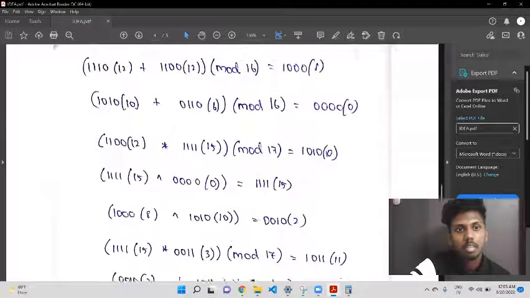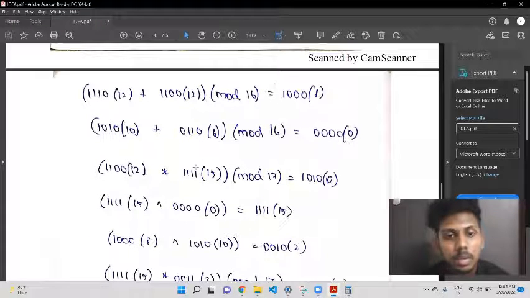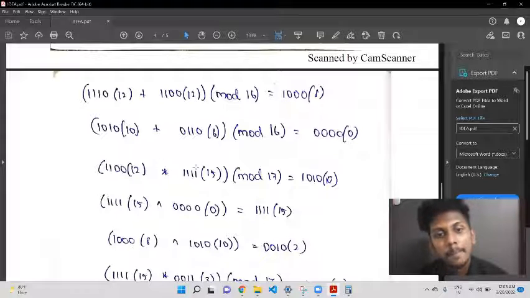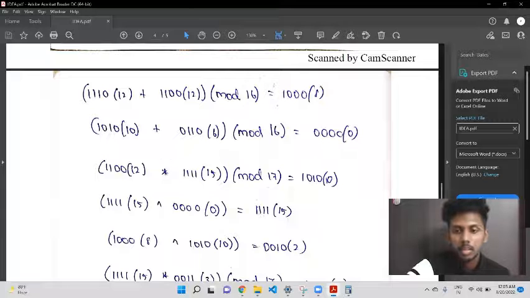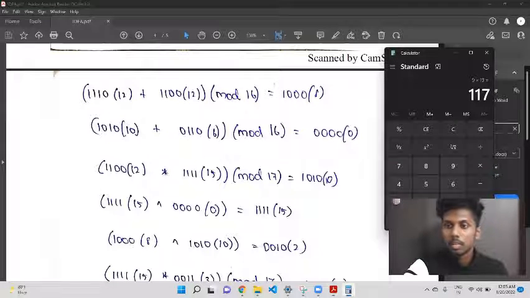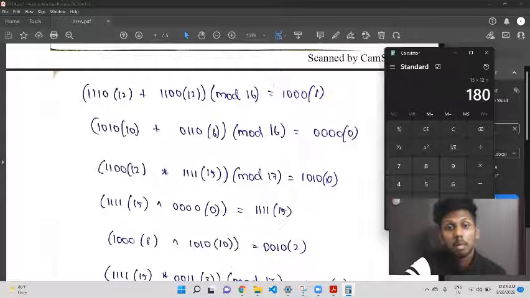Then 1100, that is 12, into 1111, which is 15, mod 17 gives 10. What is 15 into 12? 15 into 12 gives 180, and 180 modulus 17 is equal to 10.